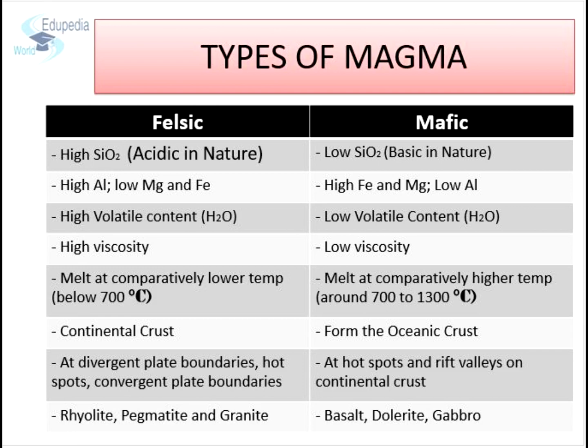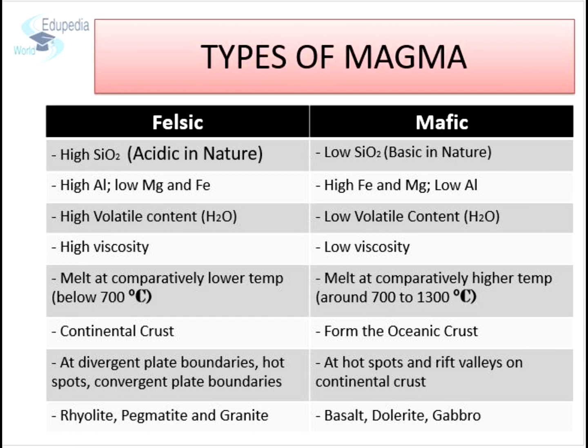Continental crust is formed mostly of felsic magma, while the oceanic crust comprises of mafic magma. The origin of felsic magma can be seen at divergent plate boundaries, hotspots, and convergent plate boundaries, while mafic magma can be seen at hotspots and rift valleys on continental crusts.